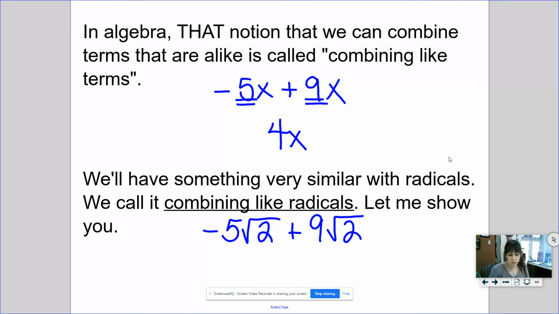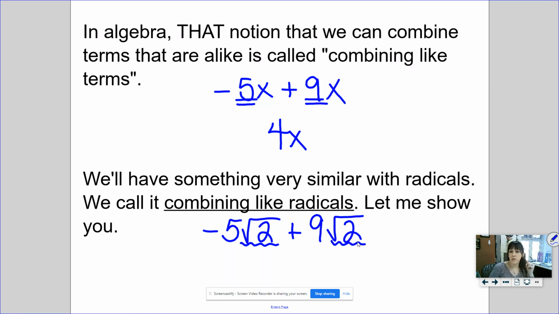Okay, so like I said, if you're going to be adding like terms together, you're going to be looking for the coefficients attached to each of those terms, and you're going to be adding the coefficients together. Well, with radicals, it just looks a little bit different. So when I look at these two radicals down here, I would say that they are like radicals, kind of like terms, because they both have a radical 2.